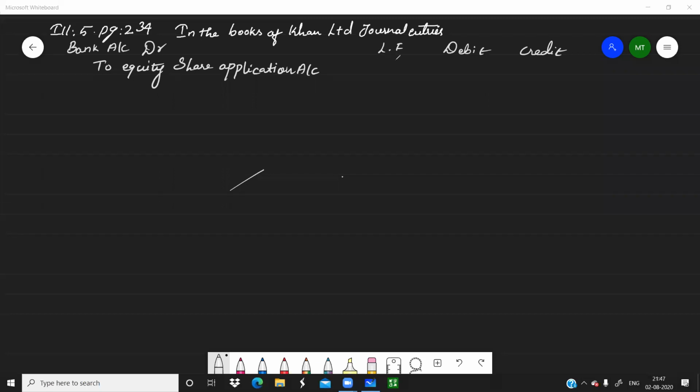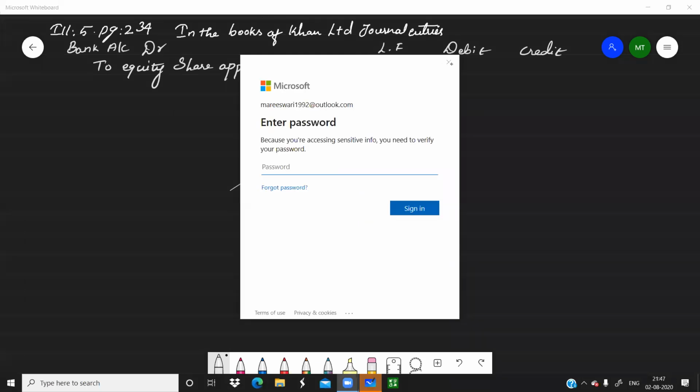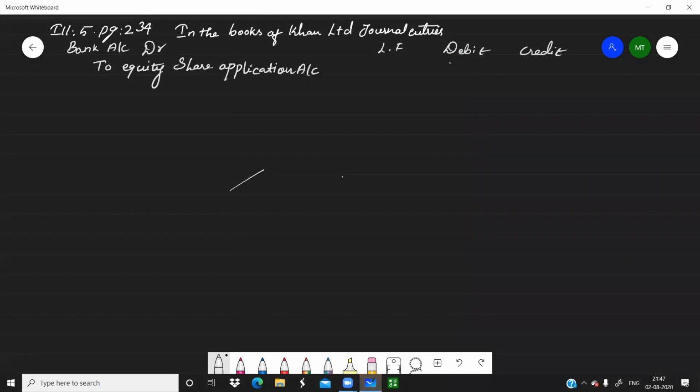The first one is bank account debit. In the first debit column the amount is 4,20,000 rupees. How will you calculate the amount? The total applications received are 1,40,000 shares, so 1,40,000 into application money 3 rupees, so the amount is rupees 4,20,000.